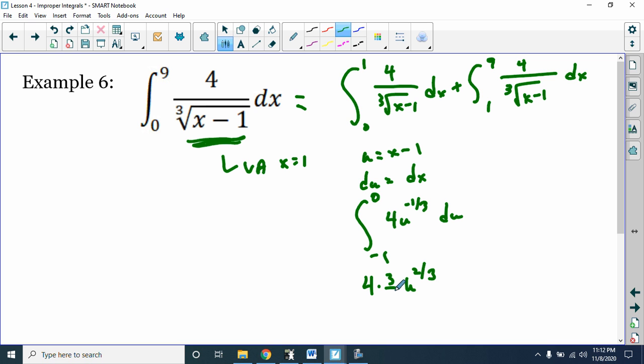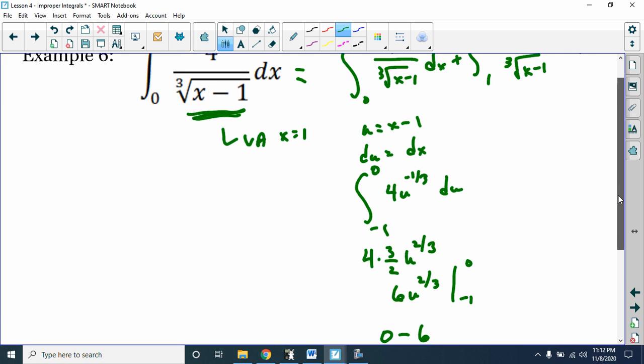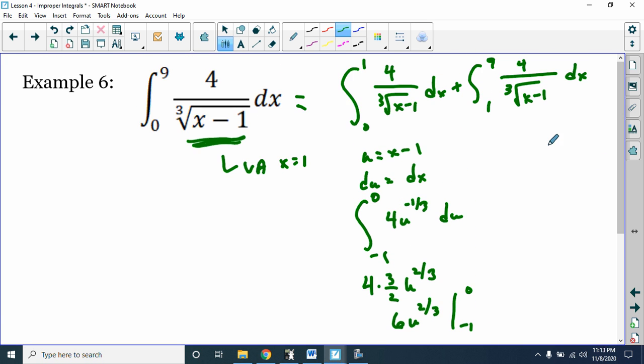Divide by 2/3. Plug in 0 gives me 0. Plug in -1. Cube root is still -1. Squared is +1 times 6. So integrating that part gives me -6.